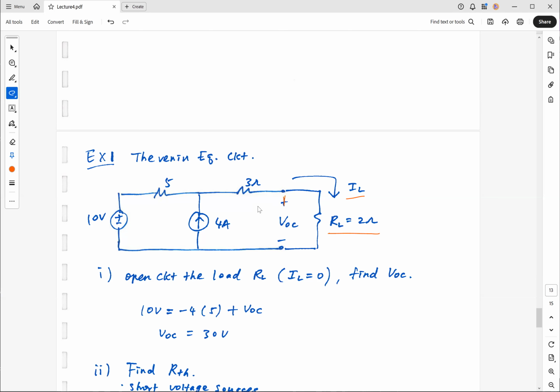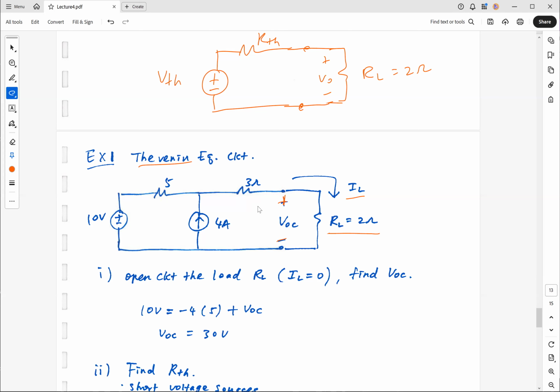First of all, I want to simplify this circuit into the Thevenin equivalent circuit. The goal is to come up with something like this: RL, 2 ohm, and this is VO.